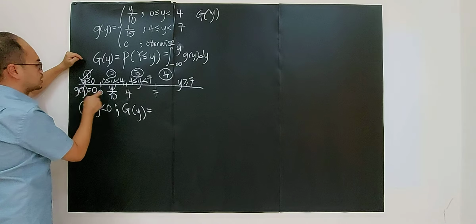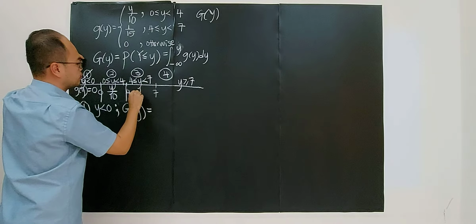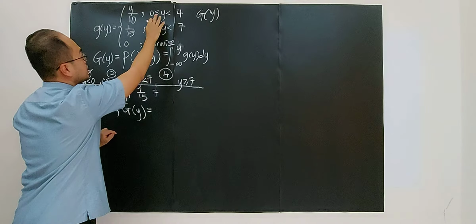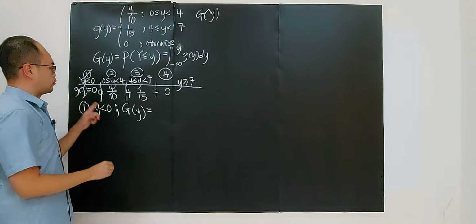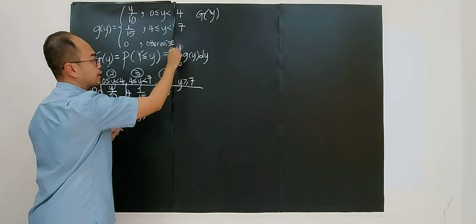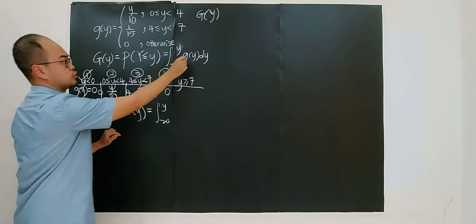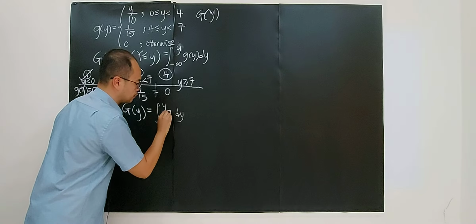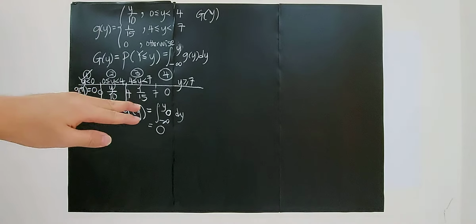For 4 up to 7, the density g(y) is 1/5. After 7 it is otherwise, which means 0. Now for the first interval, following the formula, G(y) is the integral from negative infinity up to y of 0 dy. You integrate 0, you get 0. So at first it must be 0.